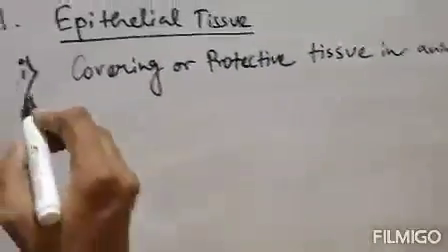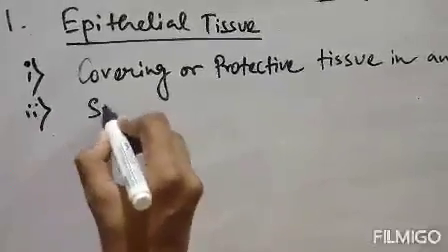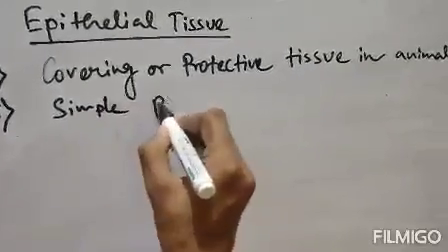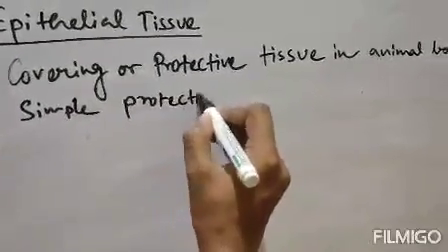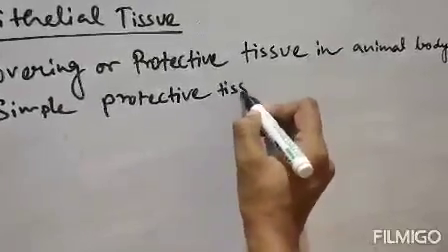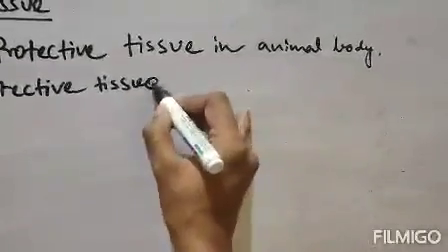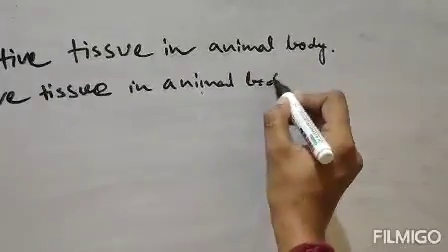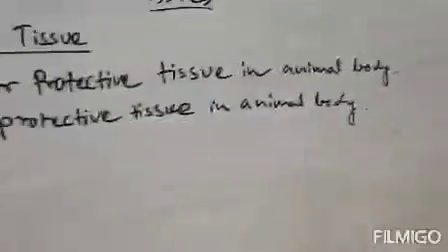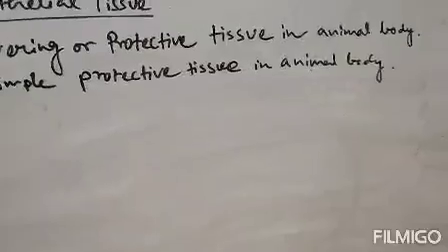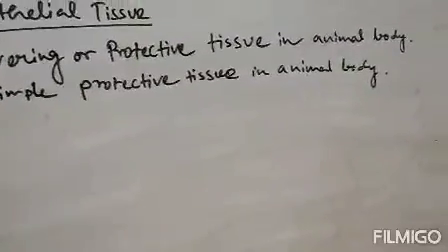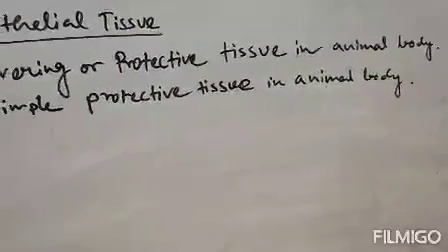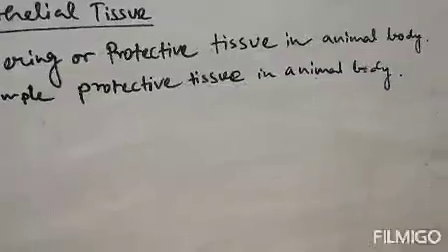The simplest protective tissue in the animal body. It covers most of the organs and cavities of the body. It forms most of the organs and cavities of the animal body.